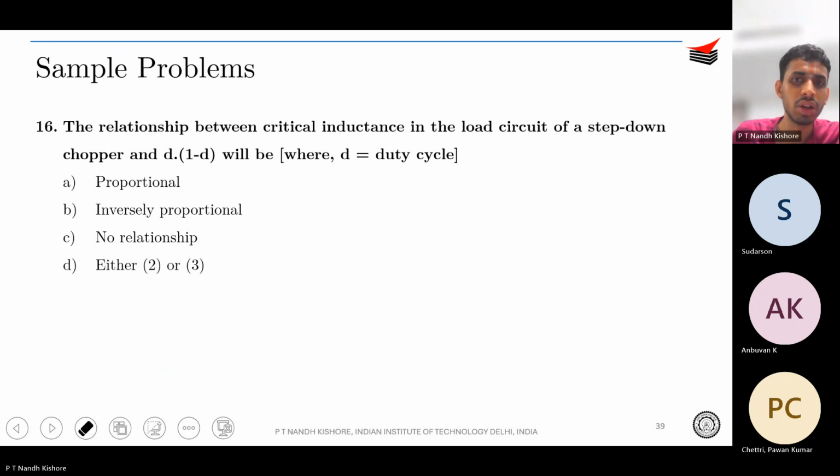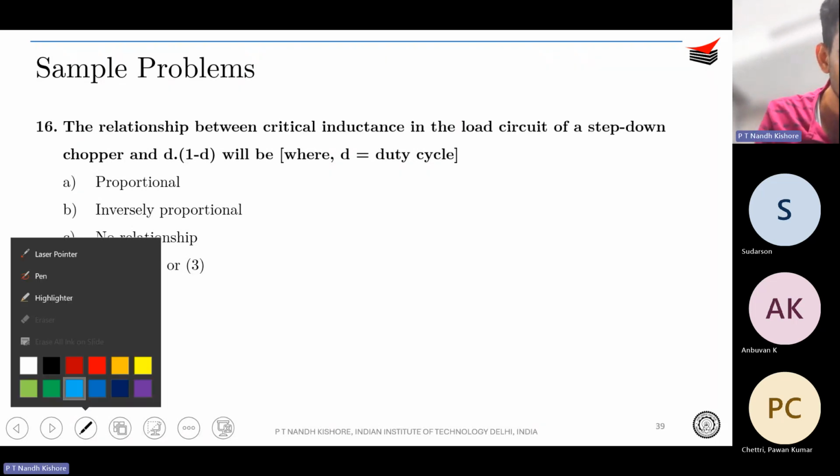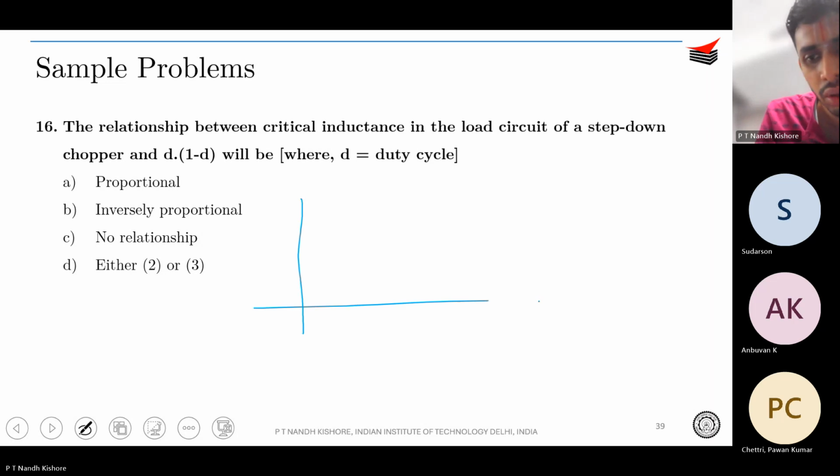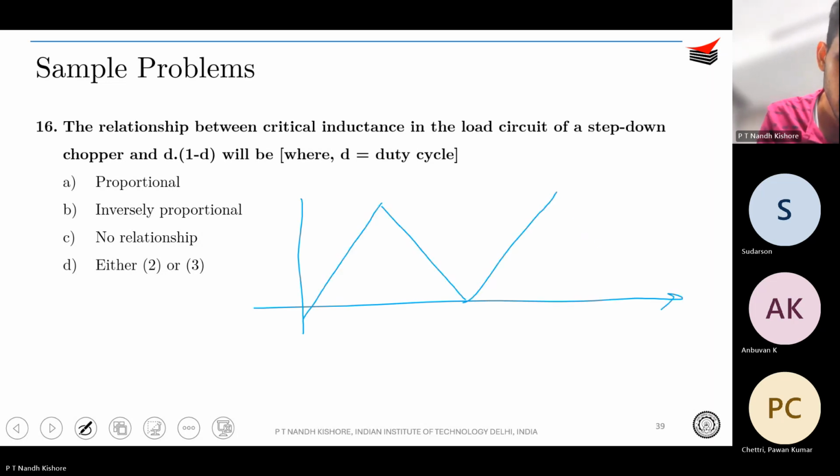Okay, so this is a simple question. You just need to derive the expression for LC. As I told, you draw the waveform. This is what happens if you have a critical conduction.